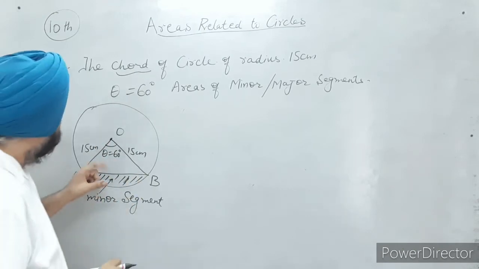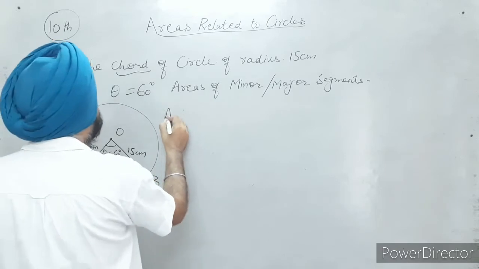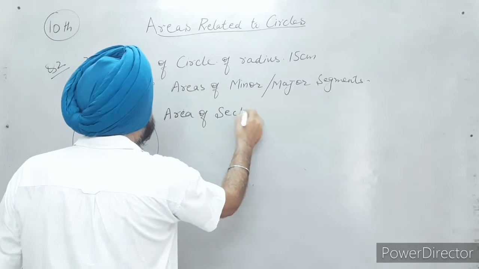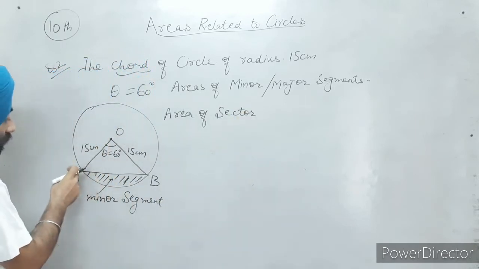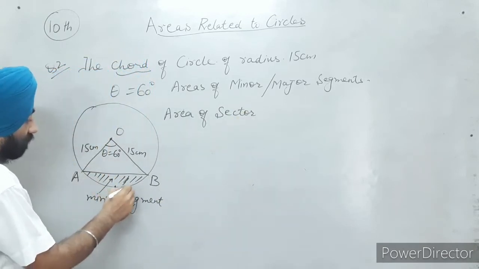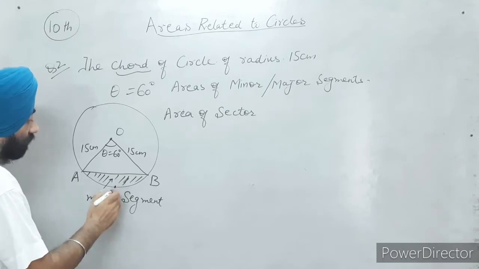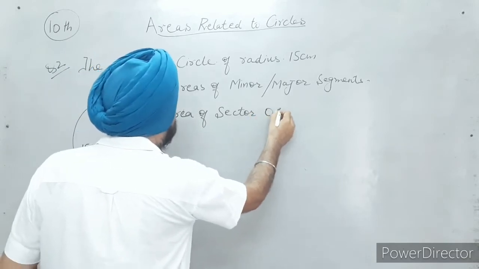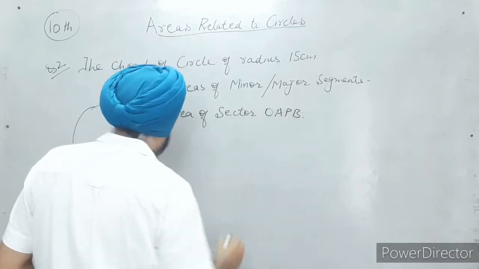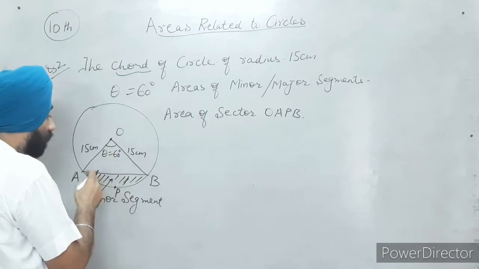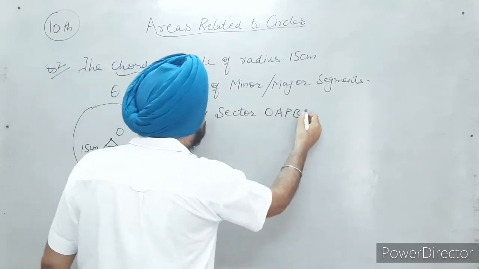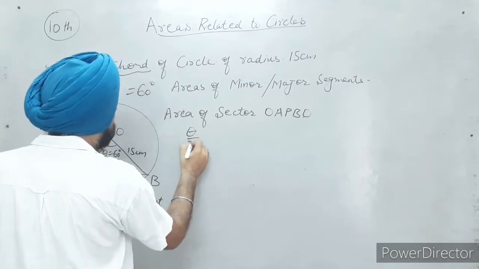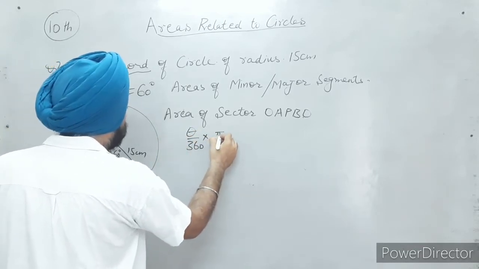Just find the area of the sector first. Let this point be P, so the sector is OAPB. Area of this whole sector OAPBO, complete this, right? So it will be theta upon 360 into pi r square.